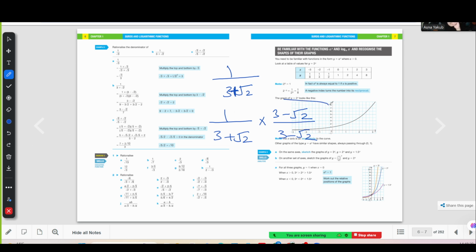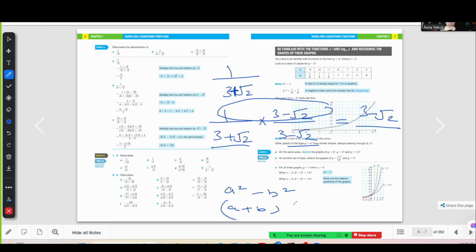Now multiply this the way we multiply fractions. So one times this is going to be 3 minus square root 2, and then these two. Remember, a square minus b square is the identity for a plus b and a minus b, because this is a plus b and this is a minus b. So you can convert it into a square minus b square. A is 3, so 3 square, minus b, which is square root 2.